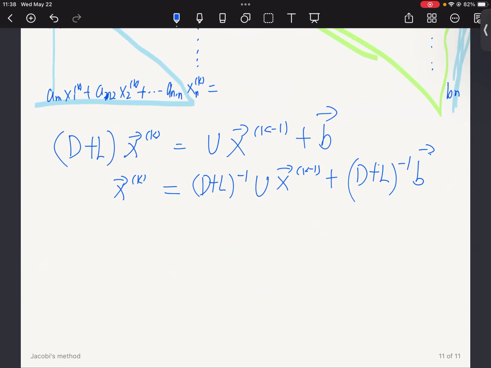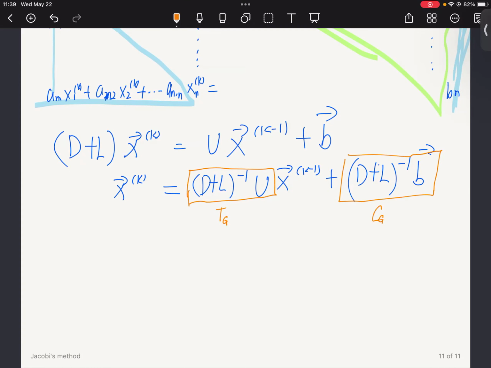Once again, we give it a name and notation. This one we call the T matrix, T subscript G, and this one we give the notation C, with subscript G, which means Gauss-Seidel.